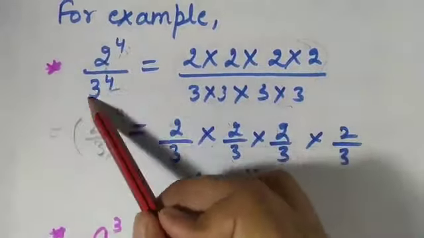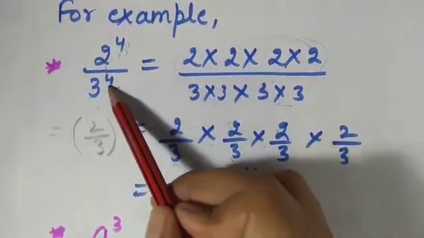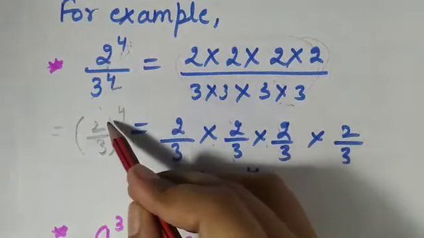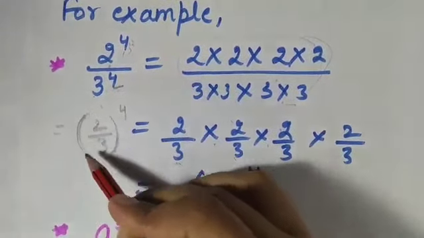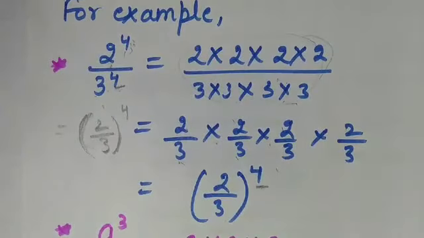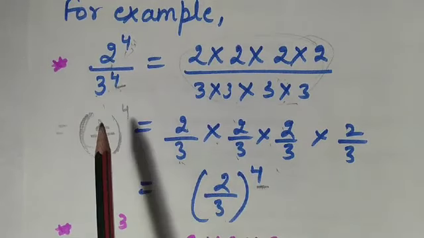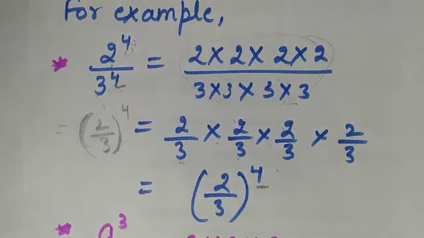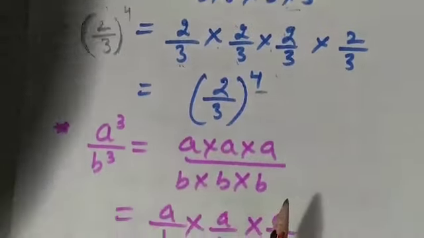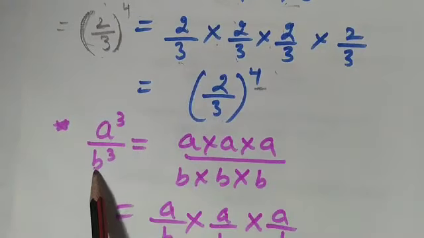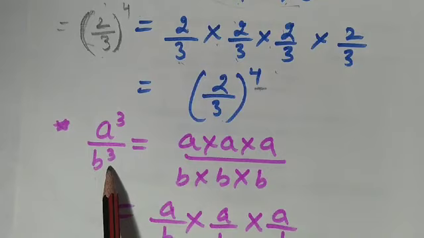It means whenever you have different bases and the same power, then the power can be put like this. This is the fifth law. Let us consider one more example: a raised to the power 3 divided by b raised to the power 3.